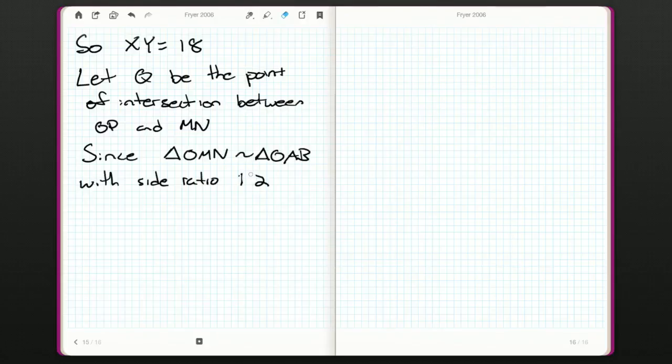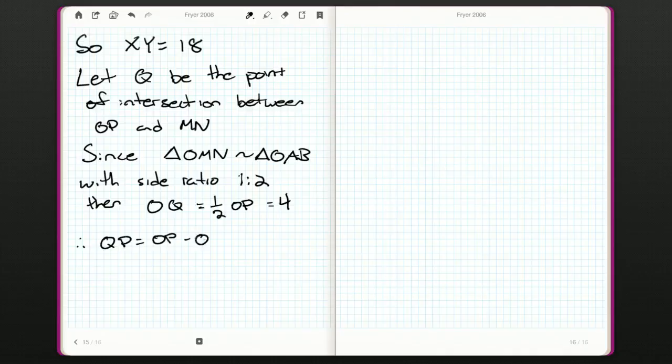All areas will be 1 to 4. So that means that QP is OP minus OQ. That's going to be 8 minus 4 is equal to 4.